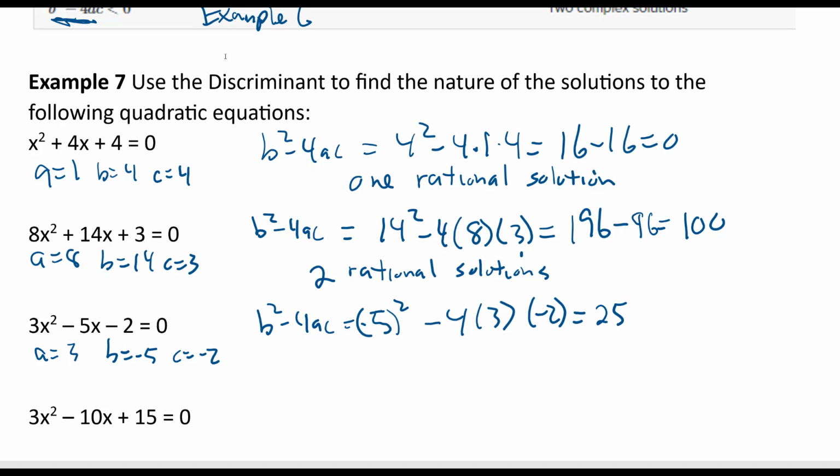So that's 25 minus, so 4 times 3 is 12 times negative 2 makes it negative 24. So minus 24. So double negative makes it 25 plus 24, which is 49. That's a perfect square. So this is case 2 where you have two rational solutions.